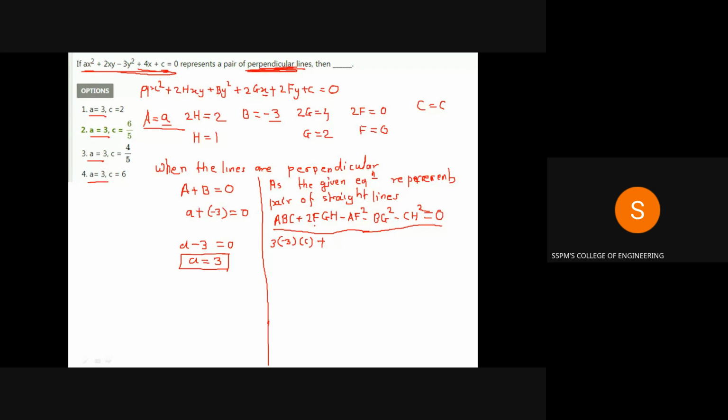Second term is 2FGH, but value of F is 0, so this will get cancelled. Next term is minus AF square, again F is 0, so this term is cancelled.